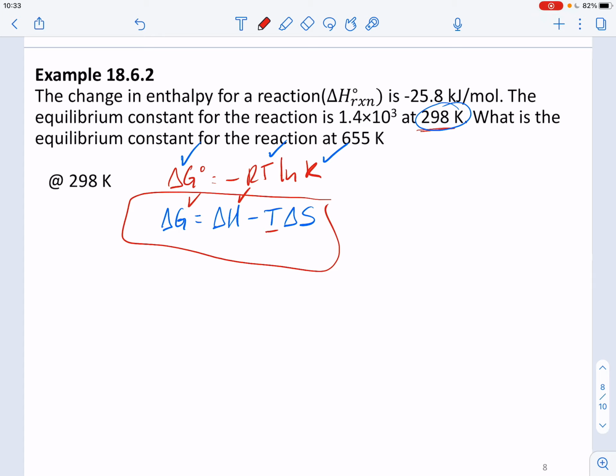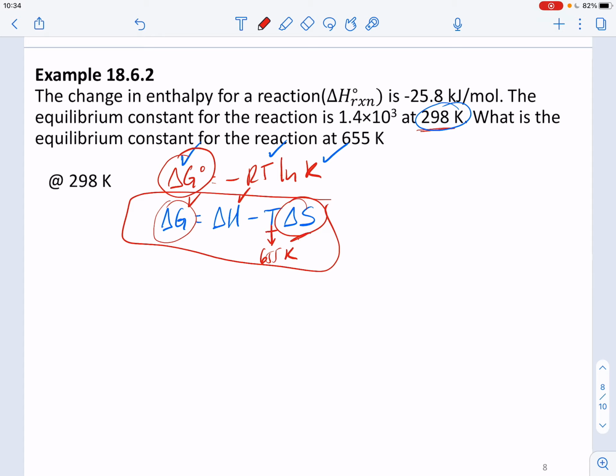So at some point we are going to set the temperature at 655, and then calculate delta G at that temperature so that we can calculate the equilibrium constant. But in order to do so, we need delta S, and this is the sequence that we're going to follow. First, we calculate delta G, and then with delta G, we calculate delta S.